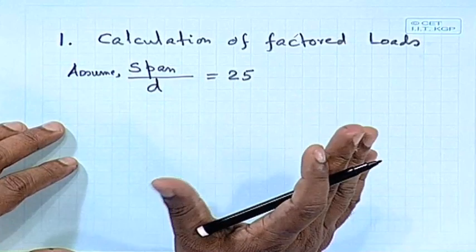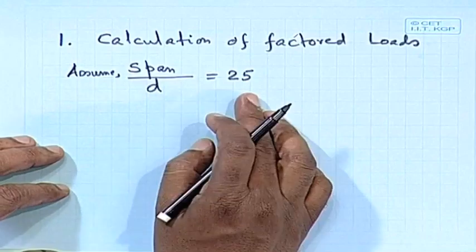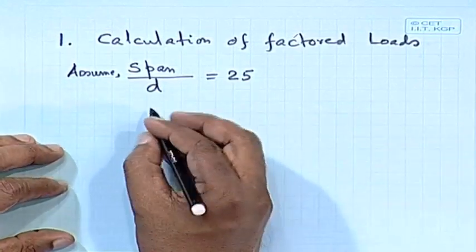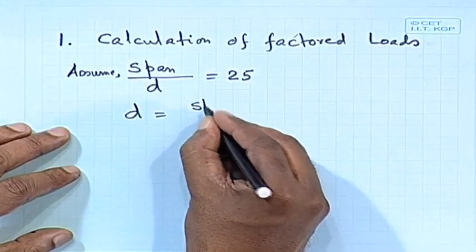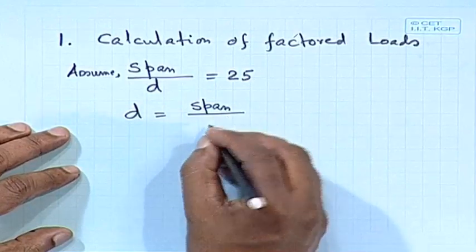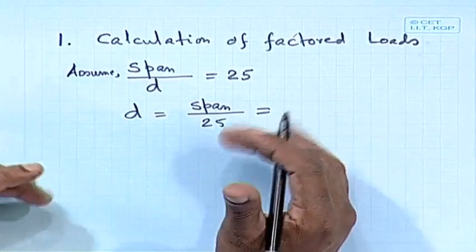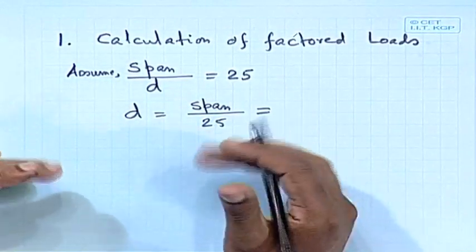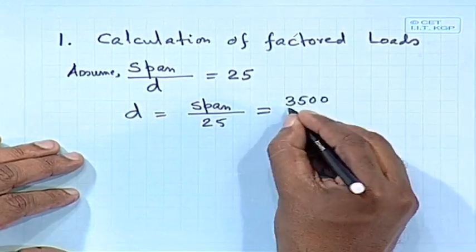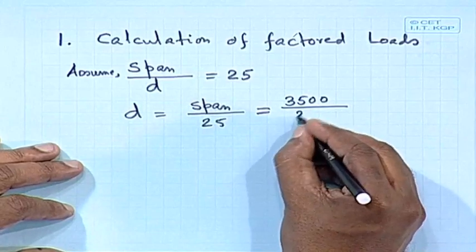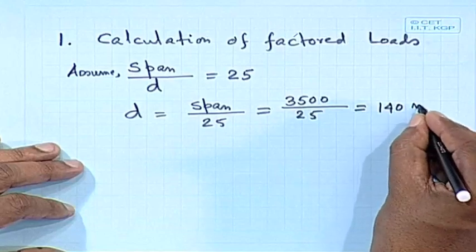For simply supported it is 20, but considering reinforcement and other things we are taking, say, 25. So we can find D equal to span by 25, and we have not yet calculated the effective span, because this is after all a preliminary estimate to find out the loading and other things. So we can take it here directly, say 3500, and on the basis of that we shall get 140 millimeter.